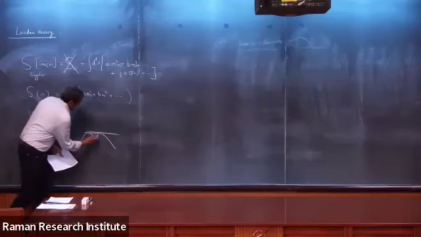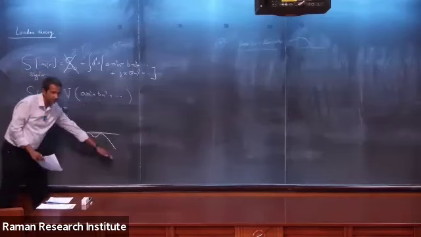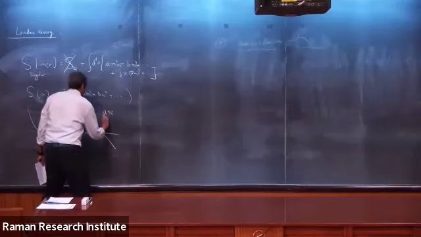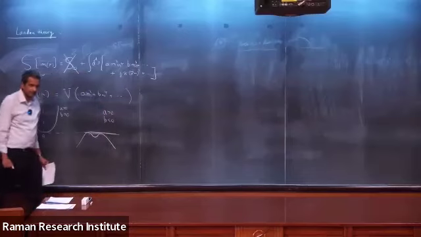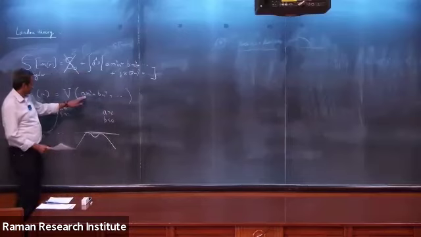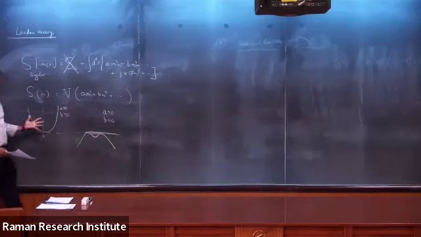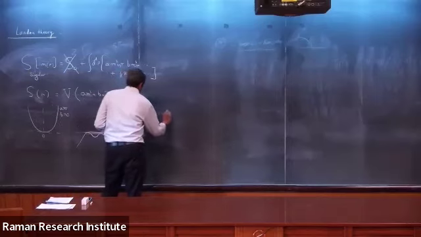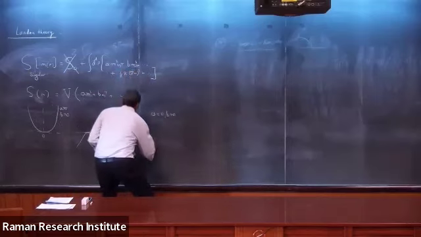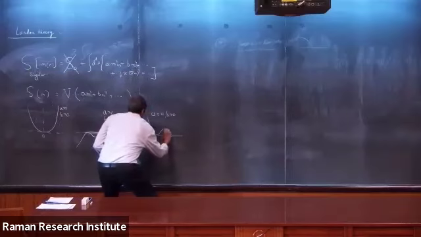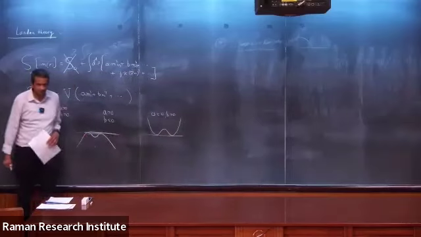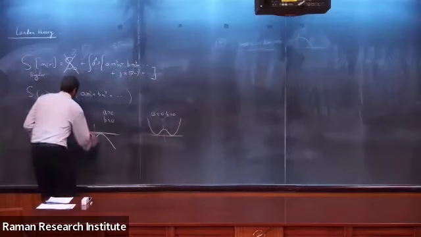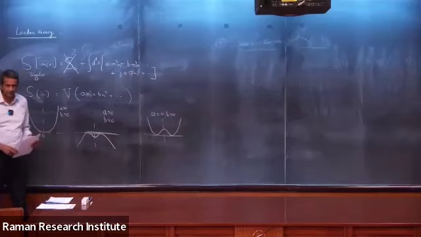But at large values of magnetization, if B is negative, it's going to become large. So this is the case where A is positive, B is negative. Right? And of course, if A is negative, B is negative, this entire thing flips, right? But if A is negative, B is positive, then I get something that looks like this. That's the shape of these curves, okay?